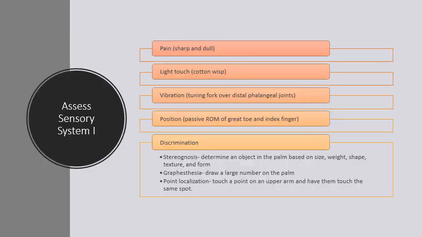Assessing sensory then in the periphery. So thinking about pain, you can give a sharp and dull sensation to make sure that they can differentiate between sharp and dull. You can use a pin, but be really careful you don't use a sharp needle because you don't want to actually make them bleed.